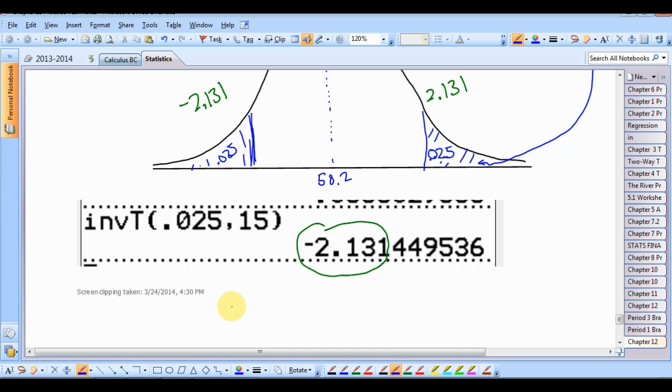Okay, let's get those x bars here. The first one is negative 2.131 equal to x bar 1 minus the mean, 58.2, over 4.8 over root 16.